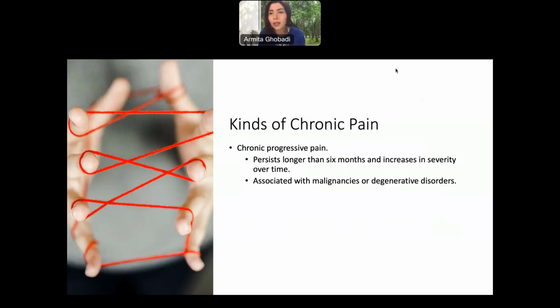Over time, with that kind of diabetes, the level of sugar is going to damage your nerves. So over time, you're going to experience numbness, like your fingers cannot feel anything, or you're going to experience some sort of headaches. So it's going to be chronic progressive pain. It is lasting for a long time, more than 6 months. And over time, you're going to lose some control and have damage all over your body.